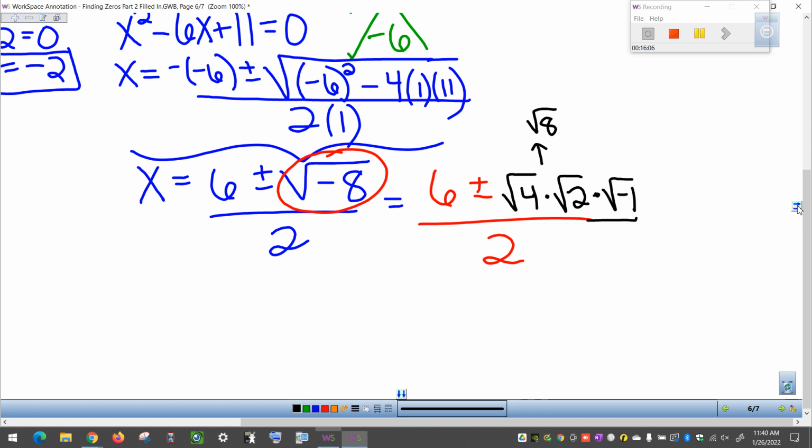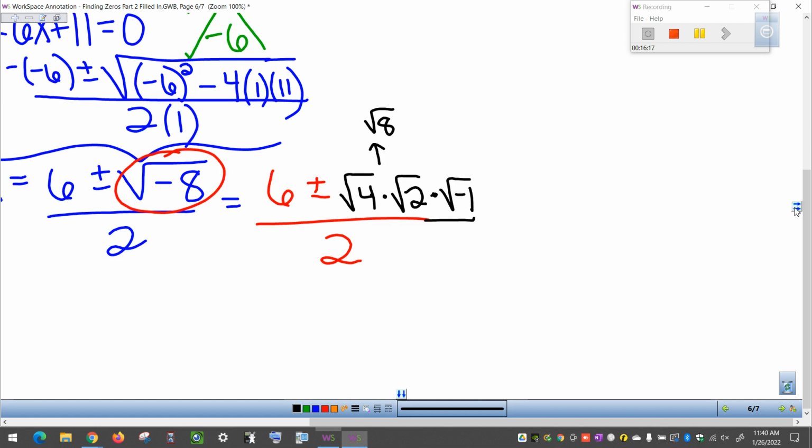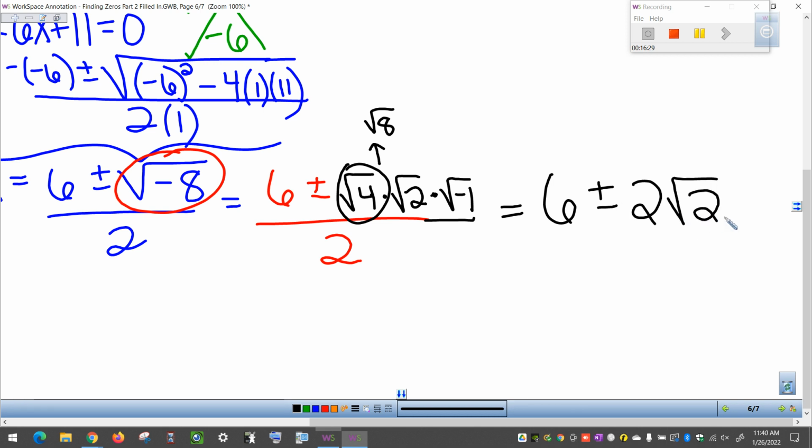So as long as these 3 elements here multiply to the negative 8, we can split it up in that way. And then this is helpful because we can actually do the square root of 4 in front. It actually turns into regular 2. So that's 6 plus or minus 2 square root 2. The square root of negative 1 is going to turn into an i at the end. And then the whole thing is still being divided by 2.